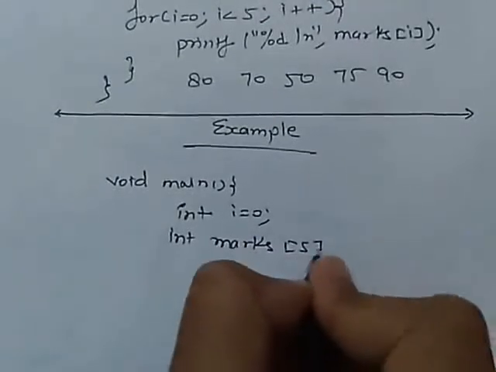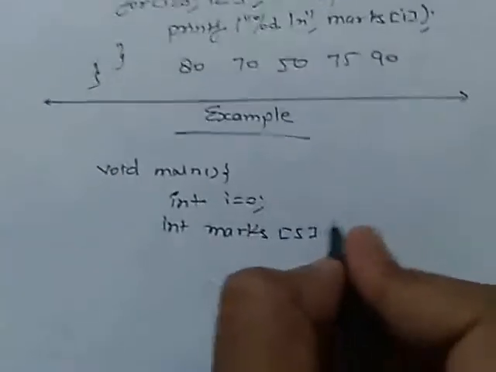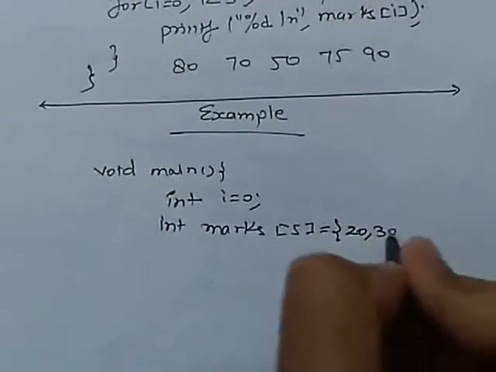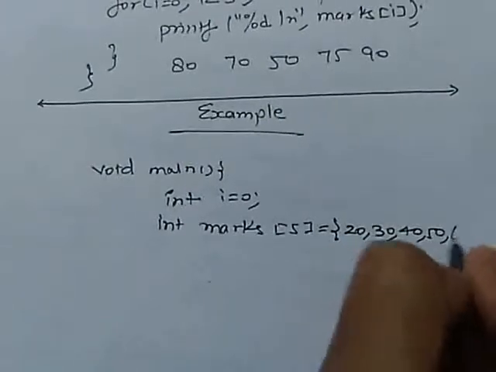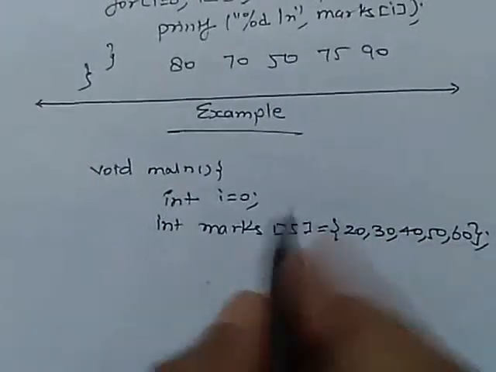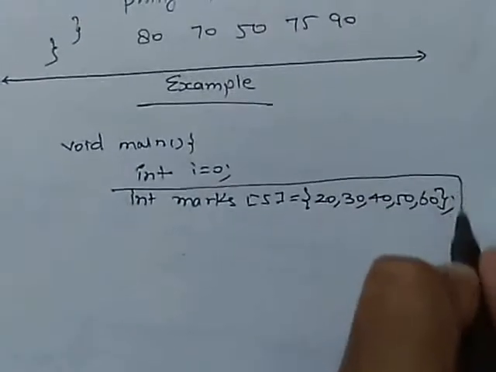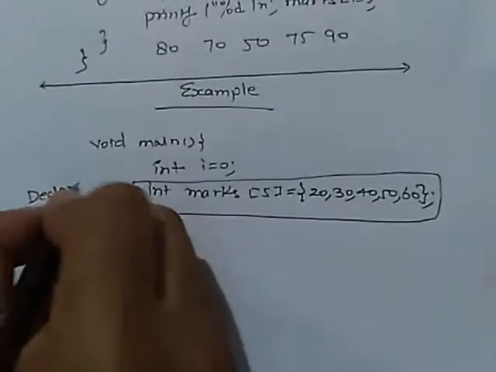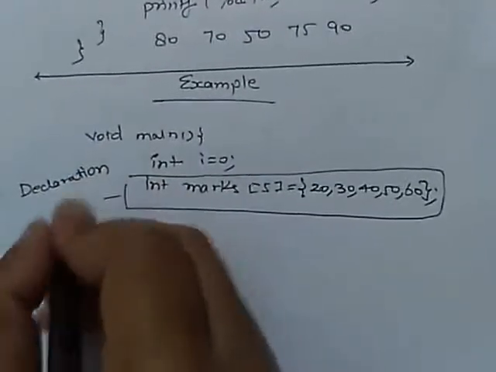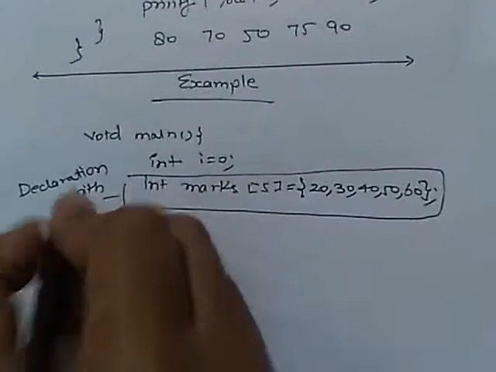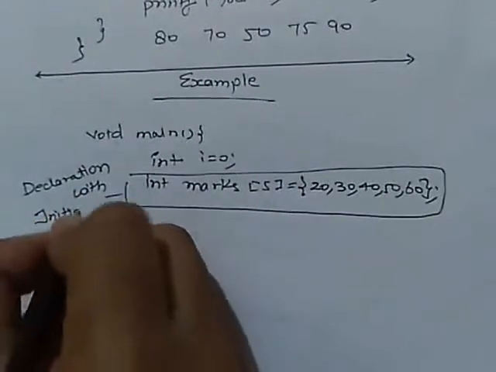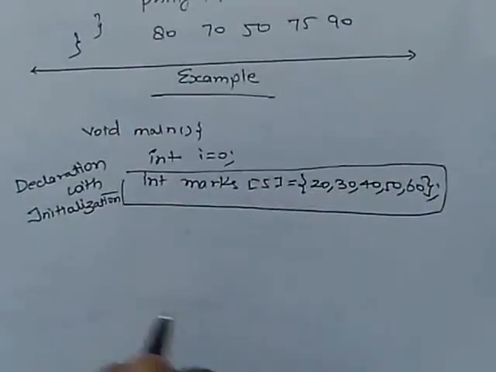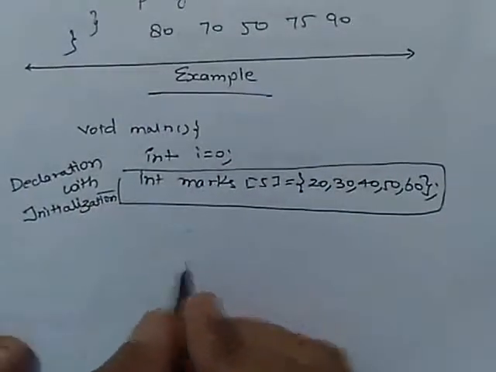Take array of 5 elements, and these will be initialized directly. For example, 20, 30, 40, 50 and 60. So this is declaration with initialization. So in one statement we will initialize and declare the array.